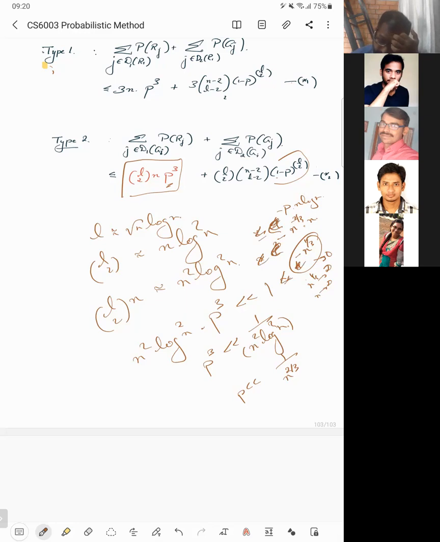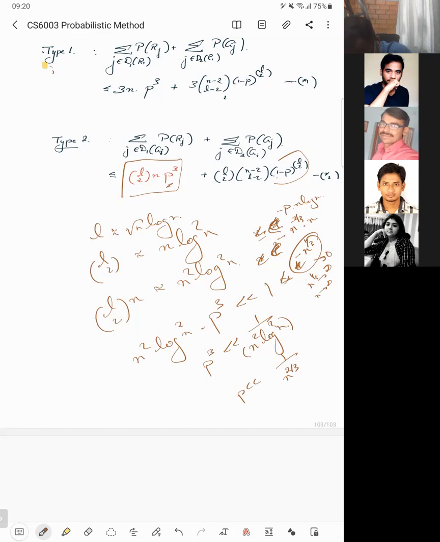E to the power minus n to the 1/3 is quite good enough, right? Did I make any mistake in the calculation? Because at least when I was trying to use LLL version 2 here, something was not working out.